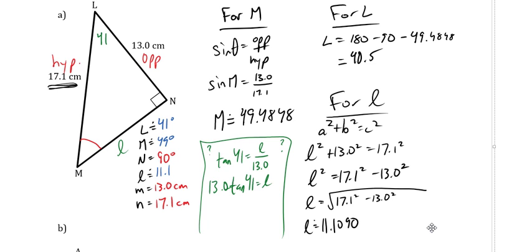So the whole point of this is, if you use givens, Pythagorean theorem, you'll always be fine, never have to worry, nothing bad will ever happen. If I use a rounded answer, like 41 or 40.5, there's a good chance I'm going to be a little bit wrong. Sometimes you might be fine, sometimes you might not. If you keep 4 decimal places and use those, you're always going to be fine.